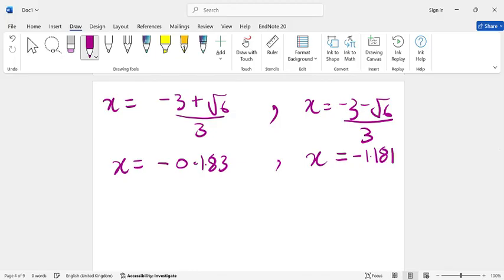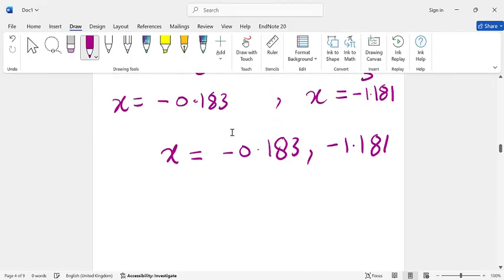So x equals minus 0.183, and we have another answer, minus 1.181. This is the answer of this question. So let's move to the next question.